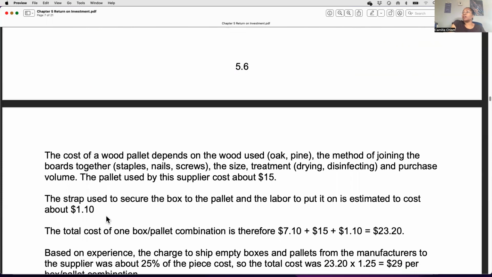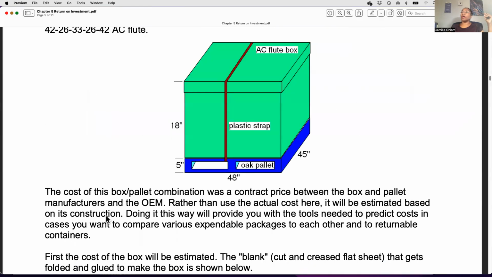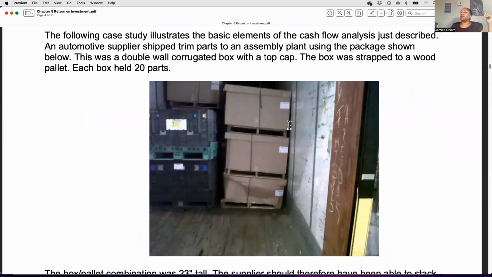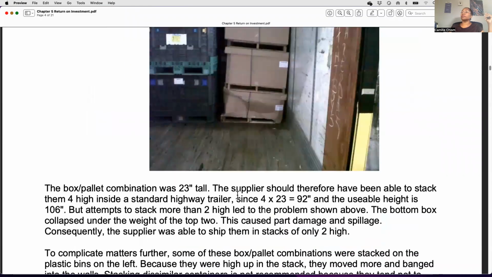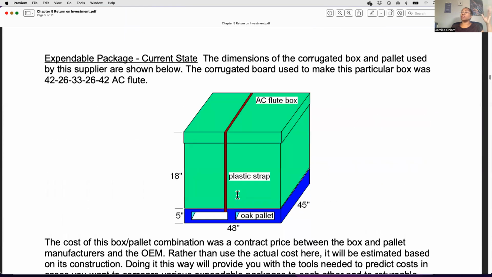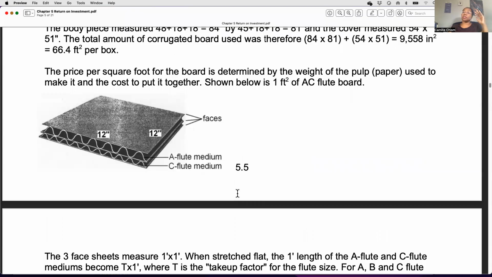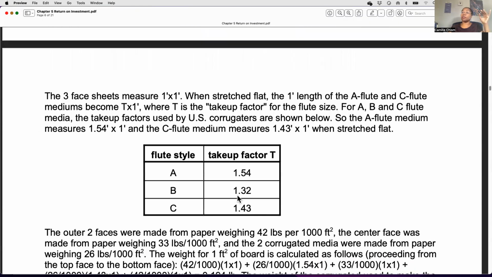Okay, and then the cost of the pallet depends on the wood used. The pallet from the supplier is probably about $15. That's probably about right. And then for the strapping, put in a little bit over $1. So you're looking at all the material for this box. So again, you've got the pallet, the box, the lid, and the strap. So that's how you're estimating, because what you want to do is figure out how much this pack costs currently as an expendable pack.